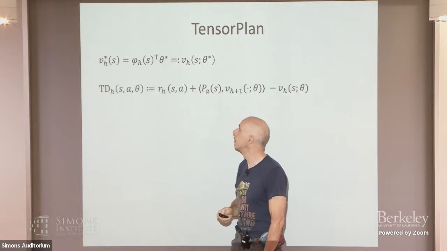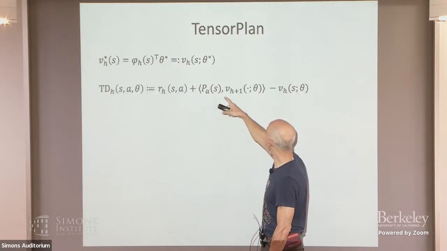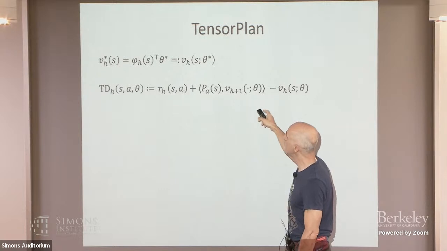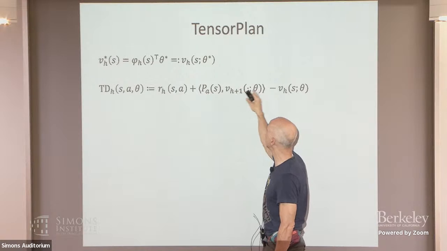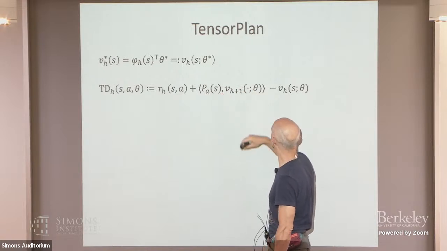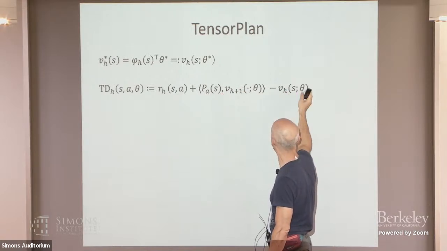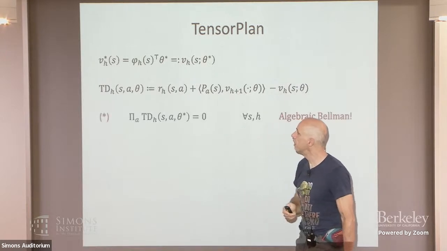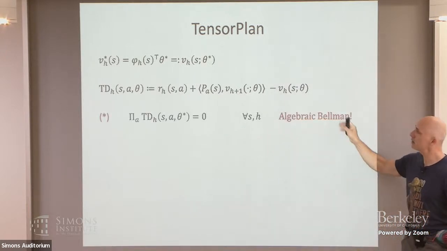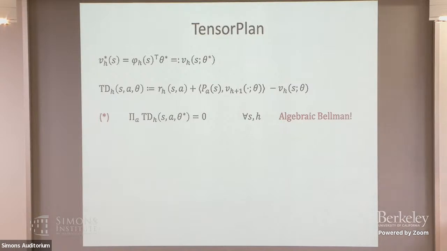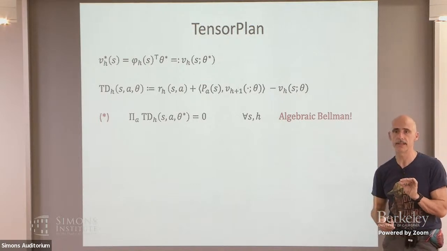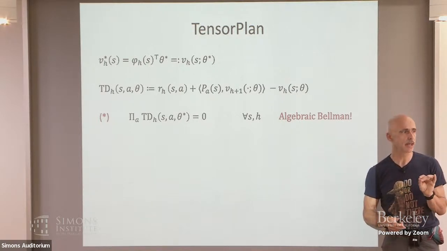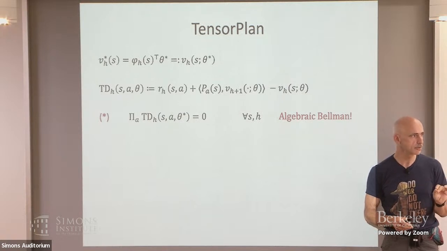You have the TD error, which is the difference between how much reward you're predicting to make under this theta parameter versus how much reward you're making. And this is the new thing. Remember in the TD error previously, there was a maximum over actions in the optimistic constraint propagation algorithm.